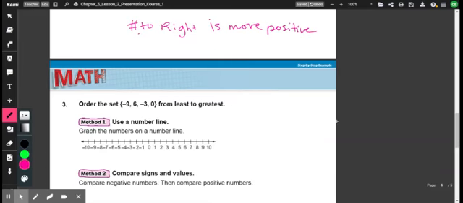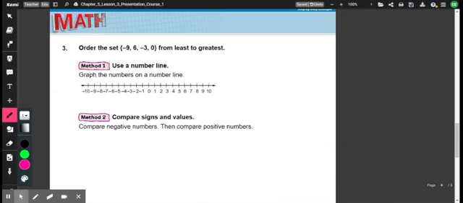If we look at number 3, which is on page 365, we are going to order the numbers from least to greatest. We can graph the numbers on a number line and then go from left to right. Graphing the numbers, we have negative 9, 6, negative 3, and 0. Now I'm going to put these in least to greatest.